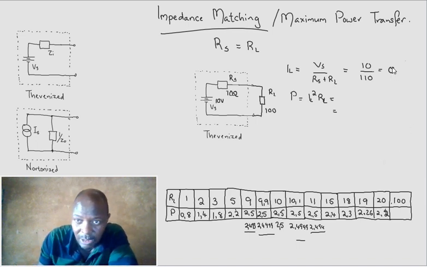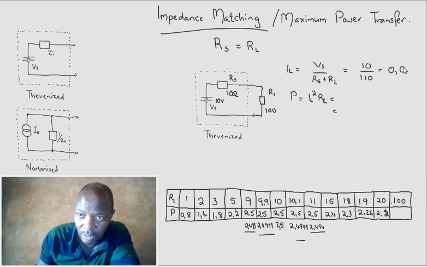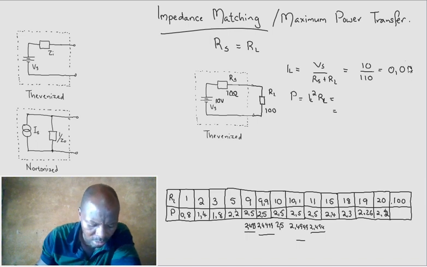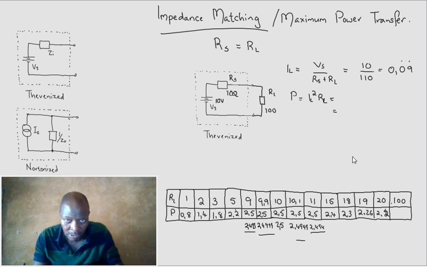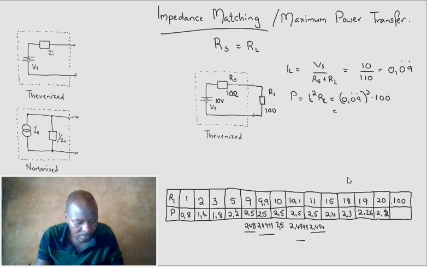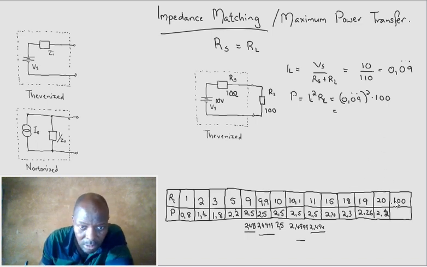I don't remember it being this, but anyway, just go on. Squared times a load of 100. If you remember correctly, it is exactly what we had. It was 0.86. You can go back in the video and check. It was 0.86, which you rounded off to 0.8.